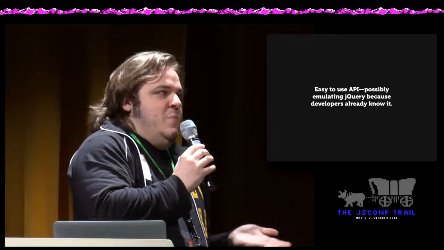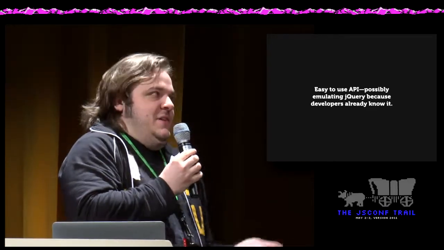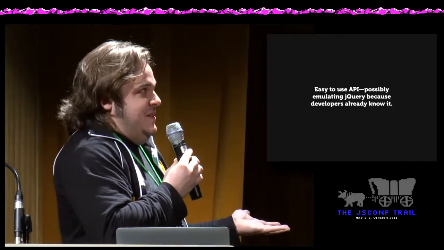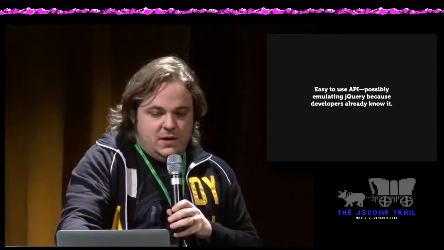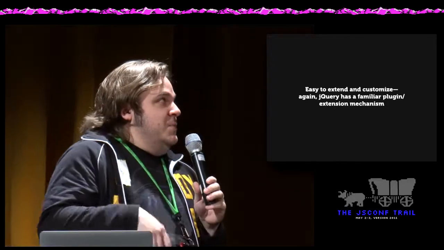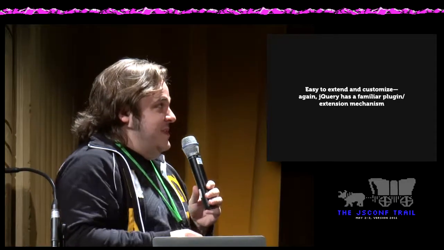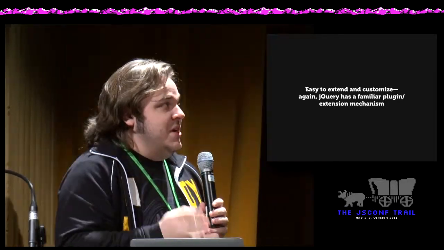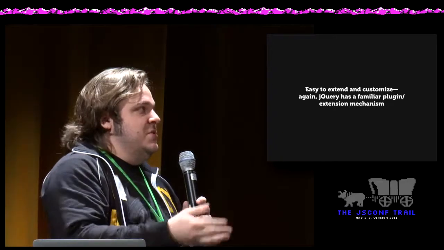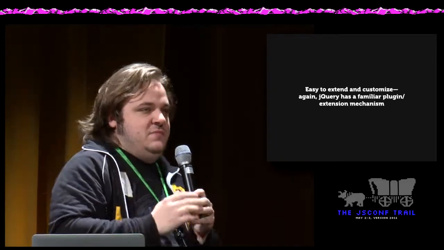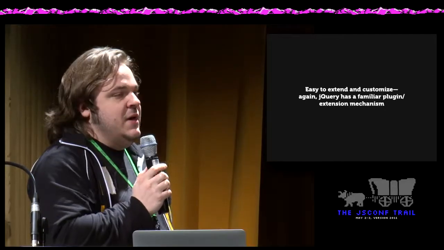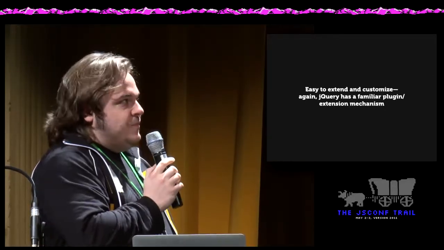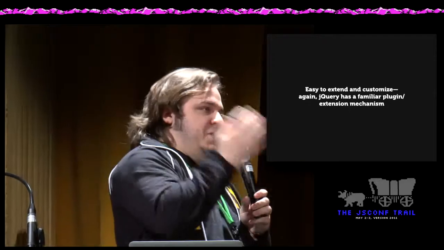The mobile device is still HTML, DOM nodes and CSS, so you need approximately the same stuff. And you want it to be easy to extend and customizable. Again, jQuery has a very easy-to-use concept for plugins. It's often overused, but often it's really useful, and we want to support it too.